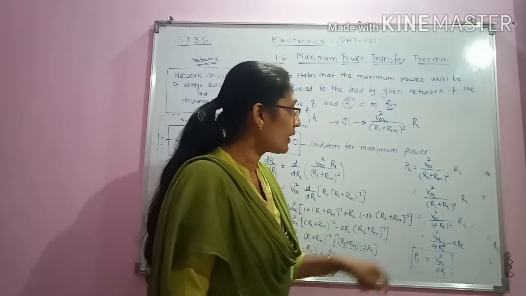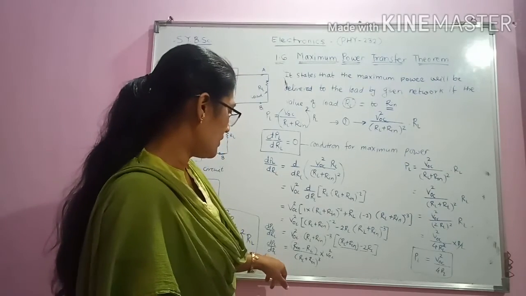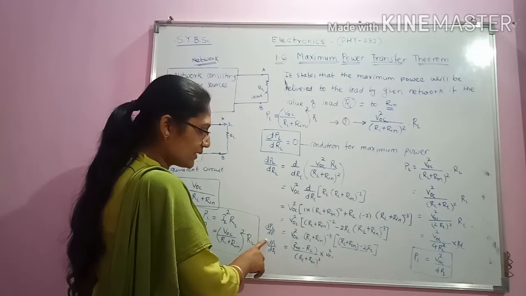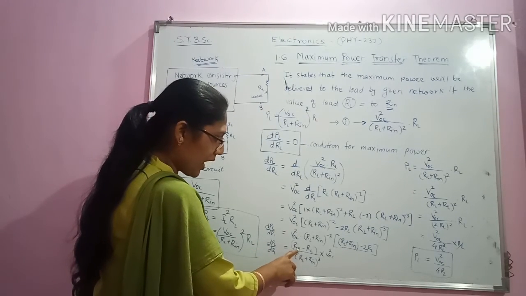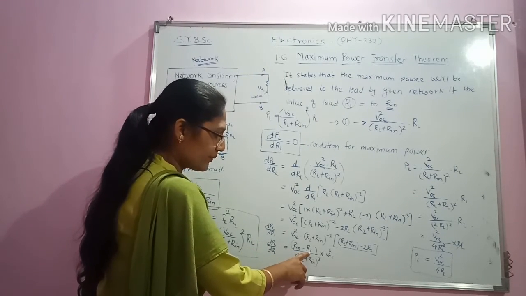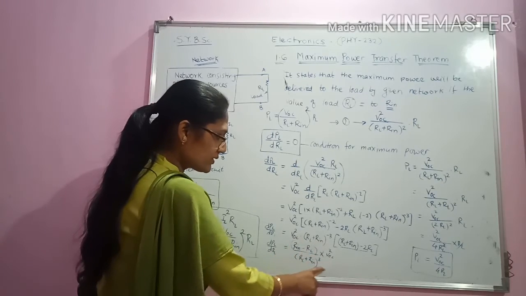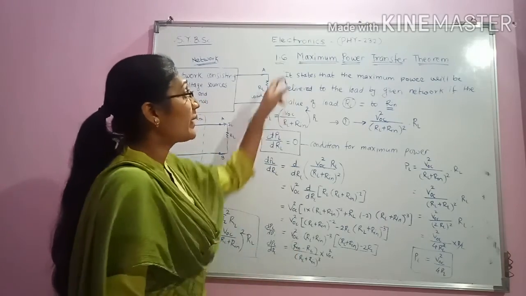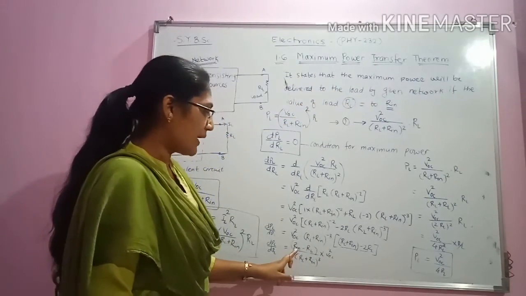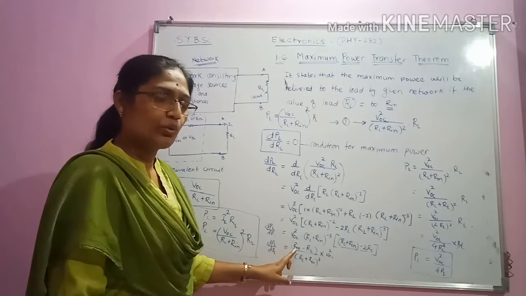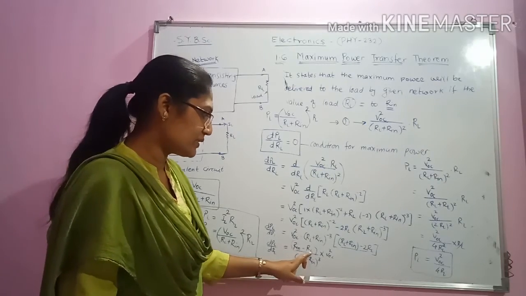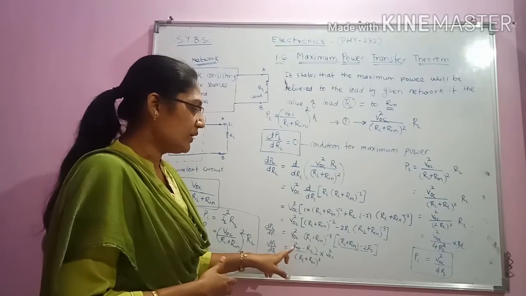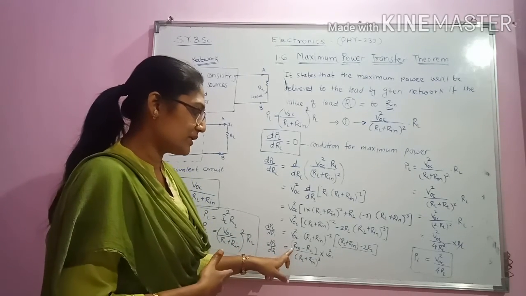So if we want this term as 0, we have to put R_in is equal to R_L, because then and only then this term will become 0, and hence we know that as per the maximum power transfer theorem, maximum power can be delivered to the load resistance if the load resistance value is equal to the internal resistance of the equivalent circuit.